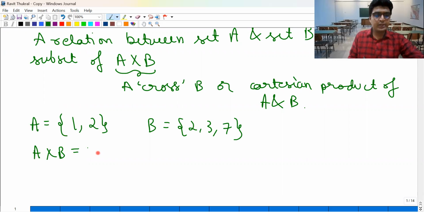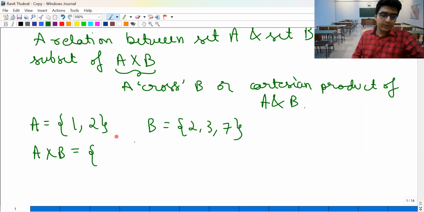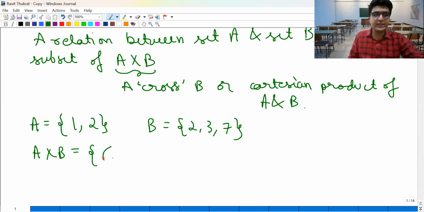Well, A cross B contains all the possible ordered pairs between A and B, such that the first element comes from A and the second element comes from B. So the pairs are (1, 2), taking 1 from set A and 2 from set B. Then (1, 3), then (1, 7), and so on.